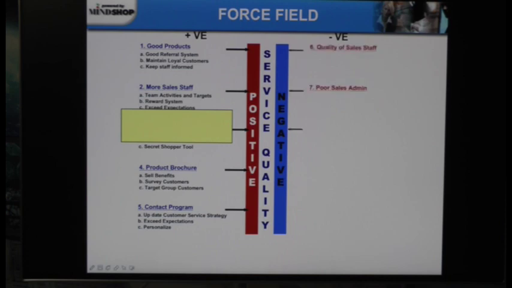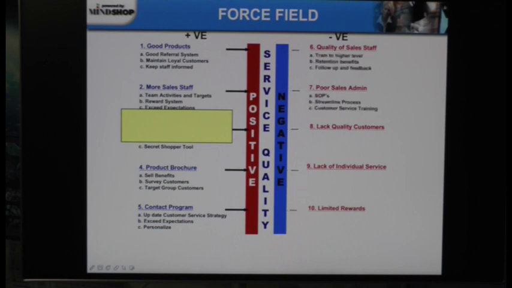It's looking at all the positive things it's doing already or could do easily, and then the things that are stopping it. All I want to say about this is do look at these examples of the actions. The headings are the issue, but underneath, on the left hand side, we've got good things that are happening or could easily happen, and the action plans there are the actions that can make those statements even more powerful.